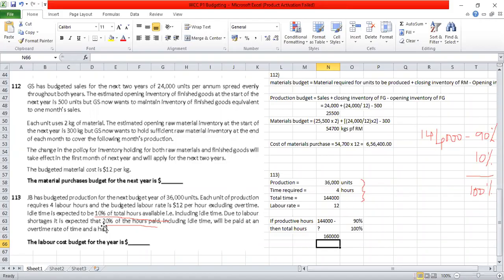The normal rate is $12, but for those 20% of the hours, the overtime is always paid as 1.5 times. Overtime, not idle time, is always paid as 1.5 times. If nothing is mentioned, 1.5 times the payment would be made.